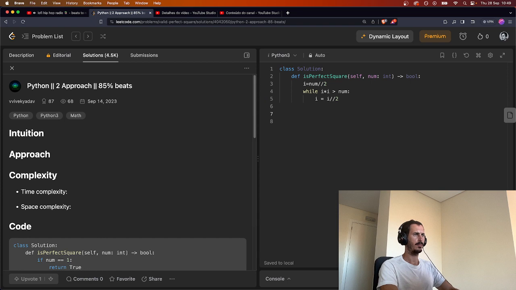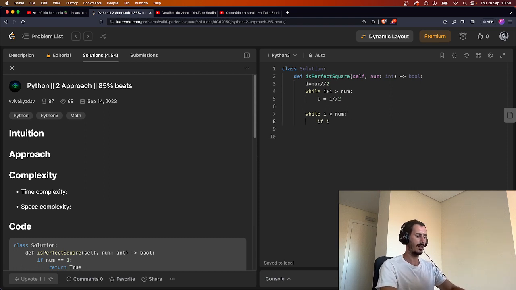So, and now, while i is smaller or equal than num, wait, while i times i, no, while i is smaller than num, we can do that.